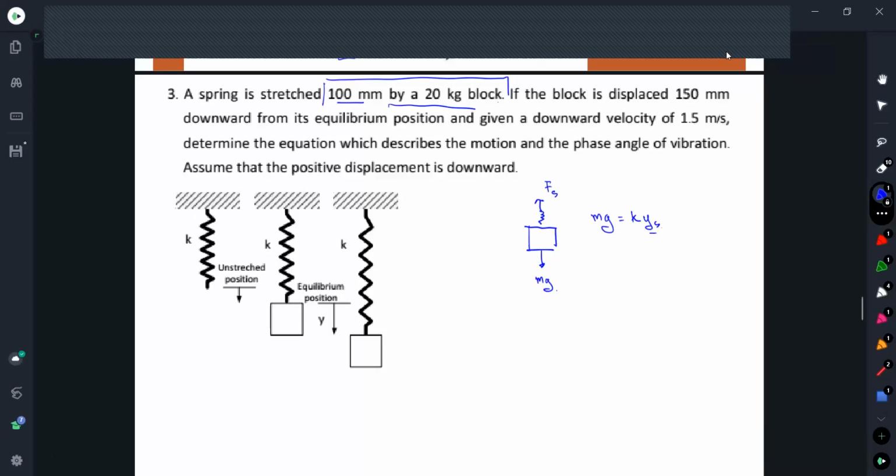For this case, mg is 20 times 9.81, equal to k, the spring constant, times y_s, which is 100 millimeter. We have to divide it by 1000 to convert it to meter.